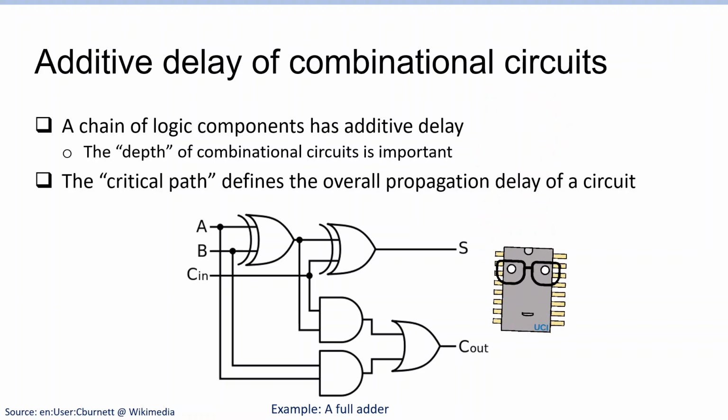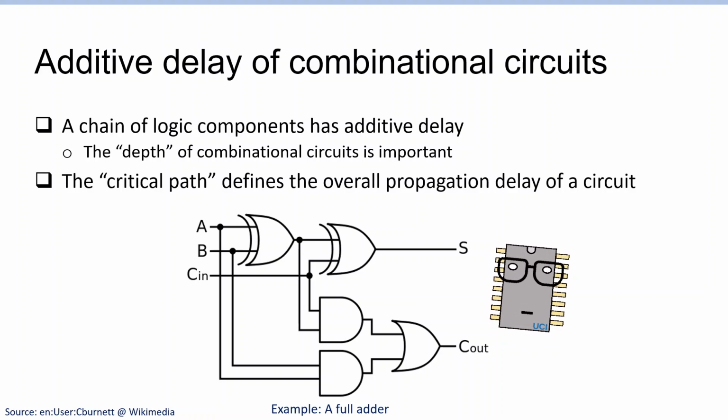And given a combinational circuit which looks like this, a full adder, which we already saw a few slides back, by the way. The so-called depth of the circuit is the length of the chain of these logic components. The so-called critical path defines the longest path through this chain, the deepest depth through this chain of combinational circuits.